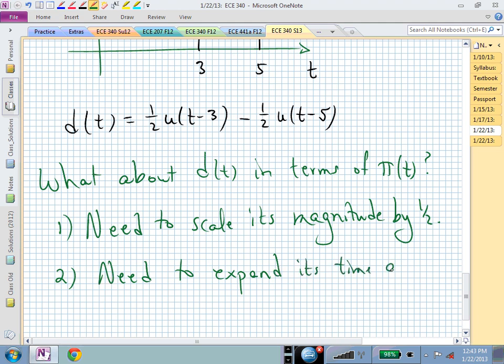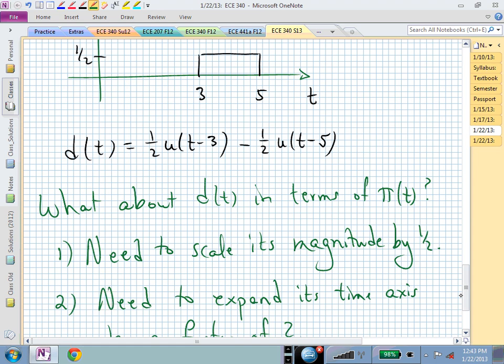So we want to expand its time axis by a factor of 2, and we know if we want to expand by a certain factor, that's dividing time by that factor.